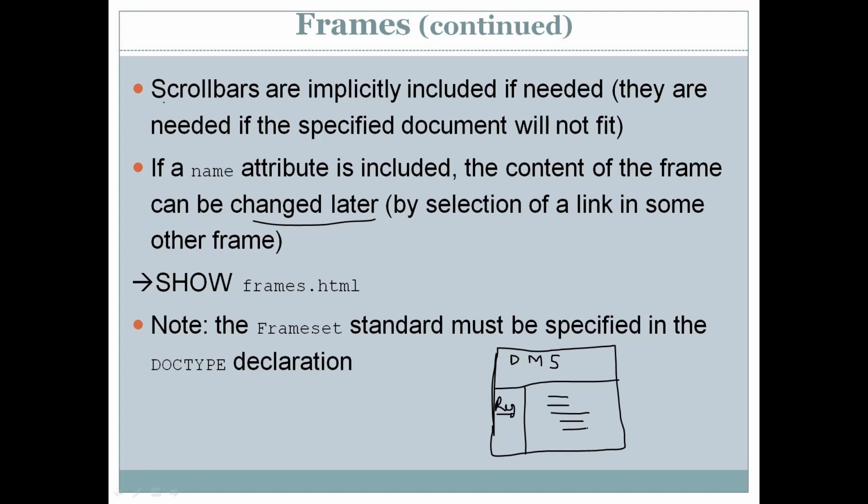Now to create this, first we have to create 3 HTML pages separately. One page is to display the title, that is DMS. The second HTML page we have to create for the registration link, and the third one will be for the registration form.